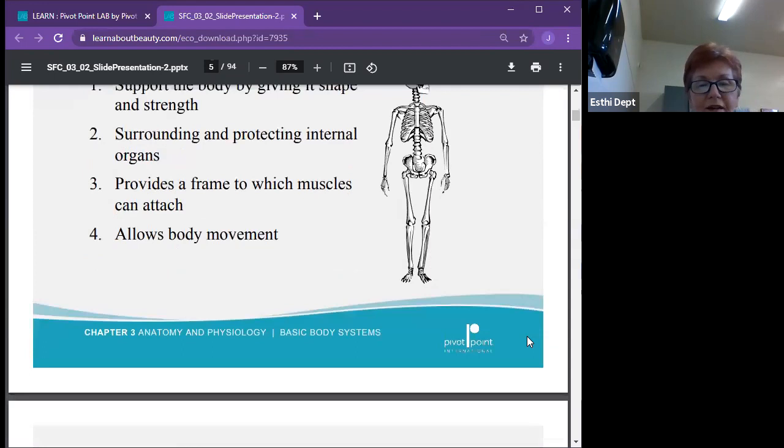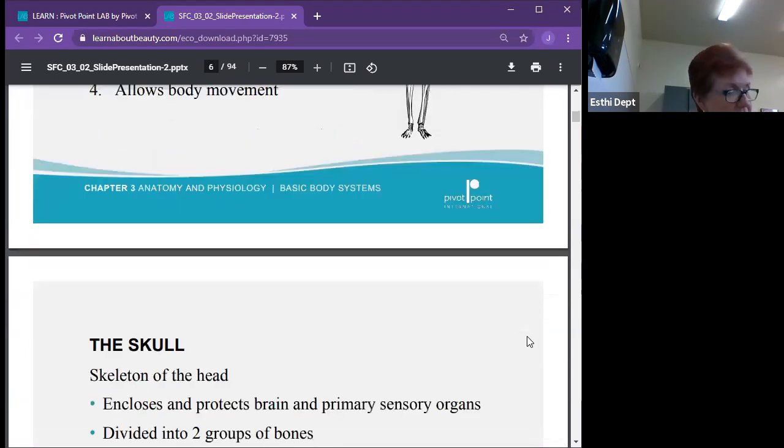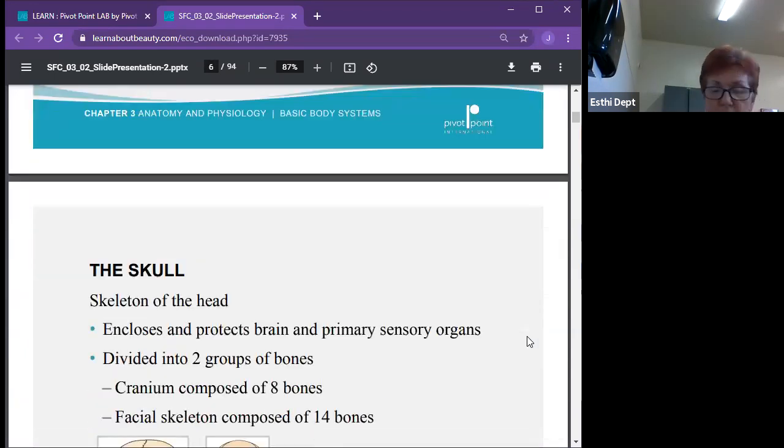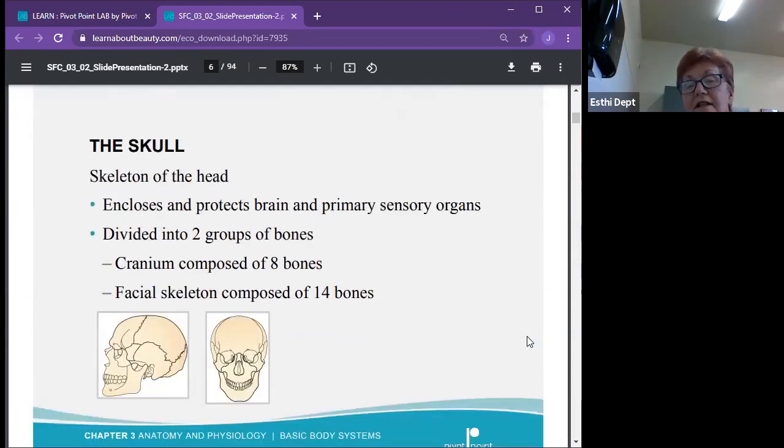You should have skull at the top of the next page, on 64, right? Okay, the skull is also known as the skeleton of the head. That's its definition. It encloses and protects the brain and primary sensory organs. It is divided into 2 groups of bones. Okay, that is a test question. How many groups of bones are there? 2.